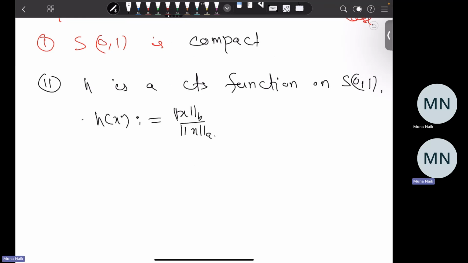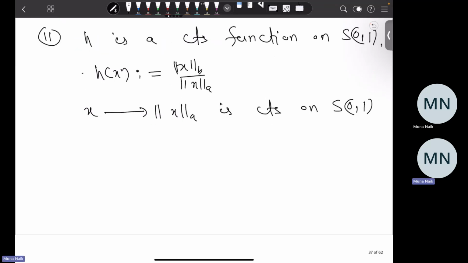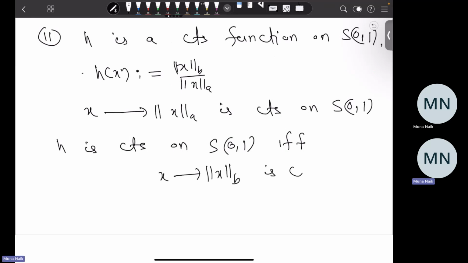So observation: x going to norm xa is always continuous. So H is continuous on S01 if and only if x going to norm xp is continuous on S01, and the topology of S01 is coming from the norm A.